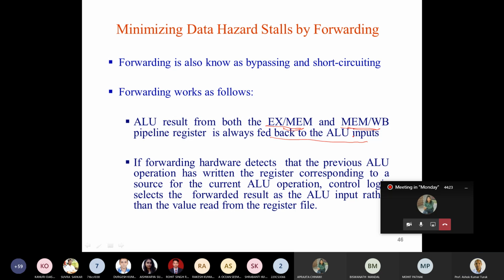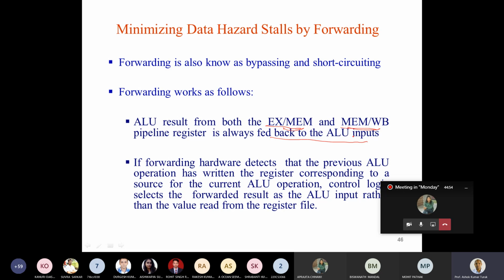There is a hardware mechanism built into the pipeline. If the forwarding hardware detects that the previous ALU operation has written the register corresponding to the source of the current ALU operation, the control logic selects the forwarded result as the ALU input rather than the value read from the register file.